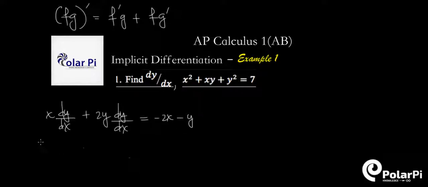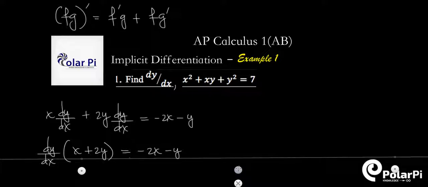Now here on the left side, it's clear that we can factor out a dy dx, and we'd like to do that since ultimately we're trying to solve for dy dx. So dy dx times x plus 2y, and the right side will be minus 2x minus y. Okay, cool.